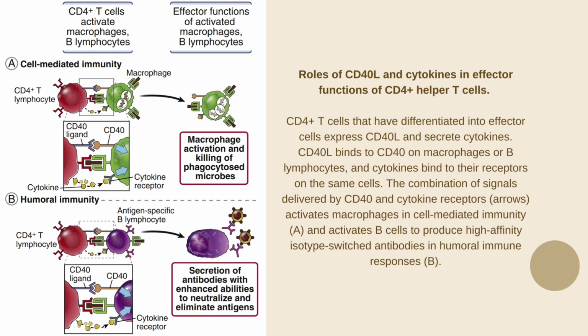CD40L binds to CD40 on macrophages or B lymphocytes, and cytokines bind to the receptors on the same cells. So the combination of signals delivered by CD40 and cytokine receptors activates macrophages in cell mediated immunity and also activates the B cells to produce high affinity isotype switched antibodies in humoral immune responses.